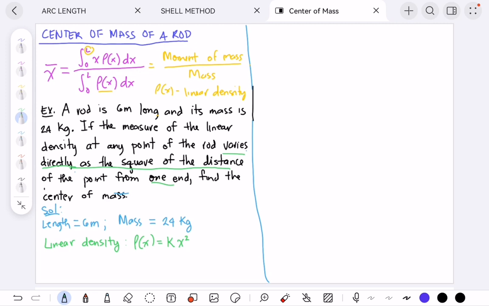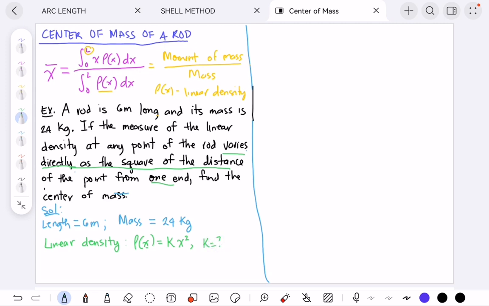So for a particular x, the linear density is given by kx squared. Now, to find the center of mass, we need to know the linear density. In other words, find the value of k.